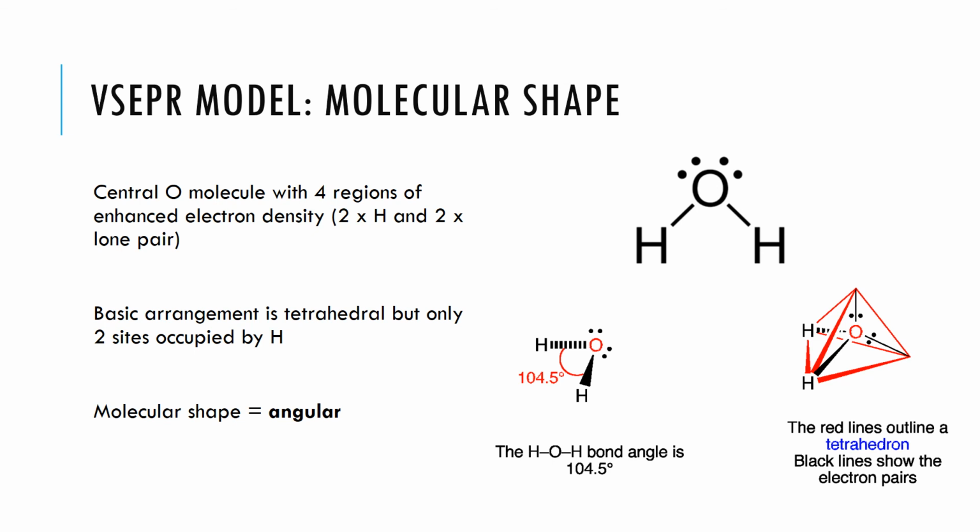So the molecular shape is angular. The HOH bond angle here is 104.5 degrees, because there's a lot of repulsion between the 2 lone pairs on the oxygen atom that really force those hydrogen atoms around. That goes back to the point I made a couple of slides ago, that repulsion is greatest between lone pair interactions.